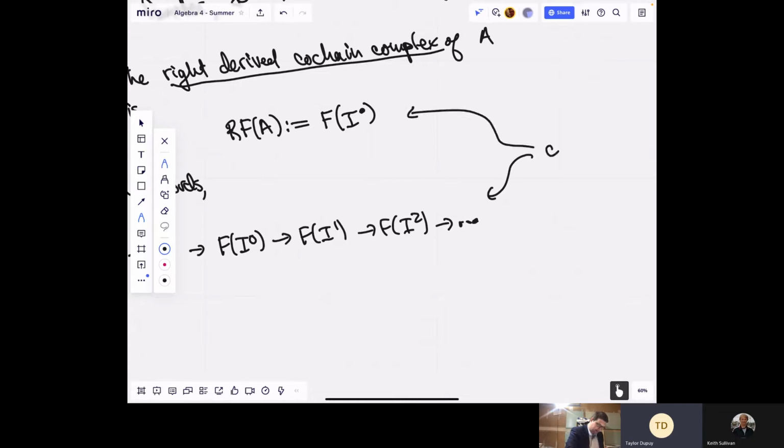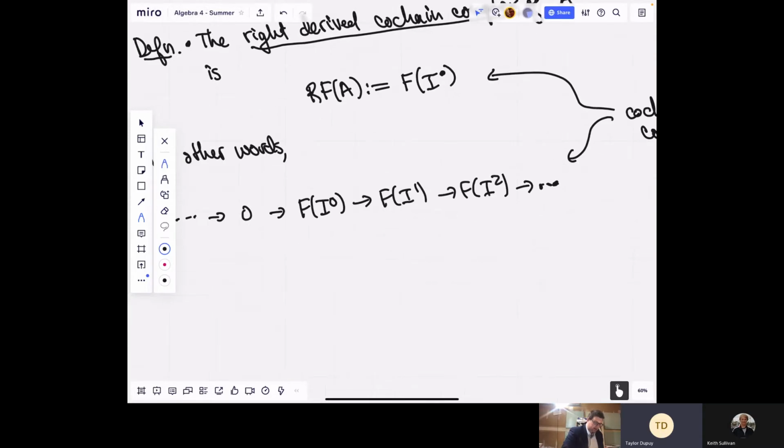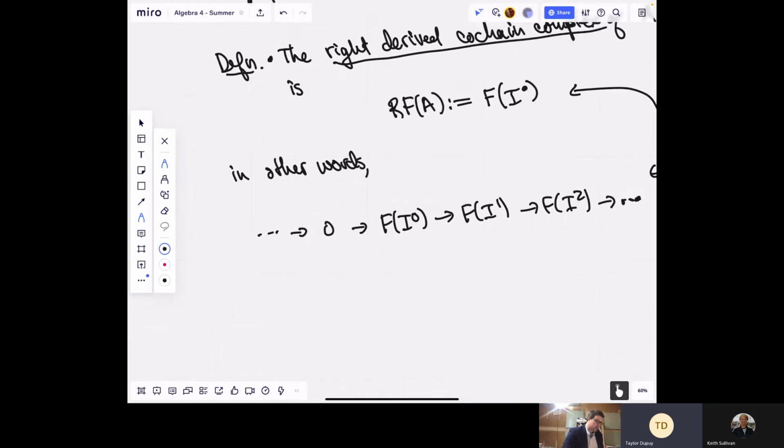Same thing. I want to say cochain complex, because I'm doing cochains because of the indexing. So indexing goes up in cochain complexes, and then it goes down in chain complexes.